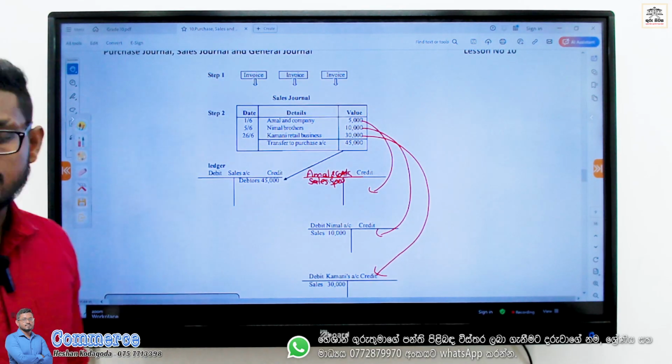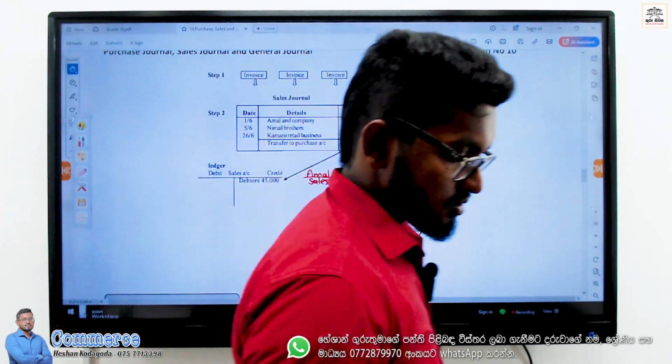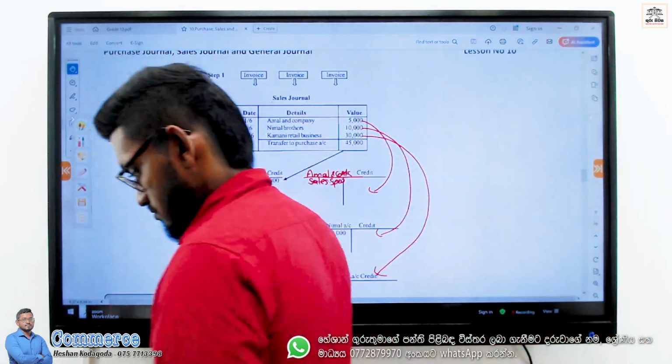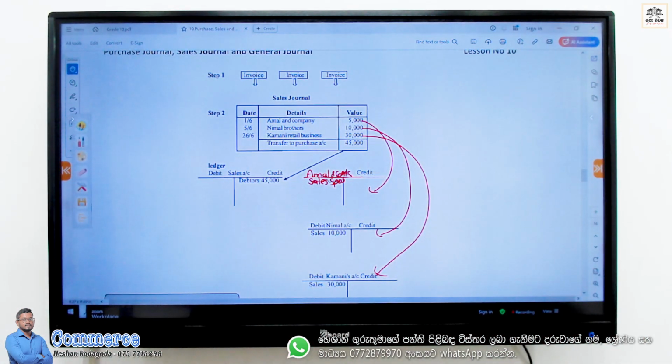Transactions on different days. Hope you can have a clear idea.